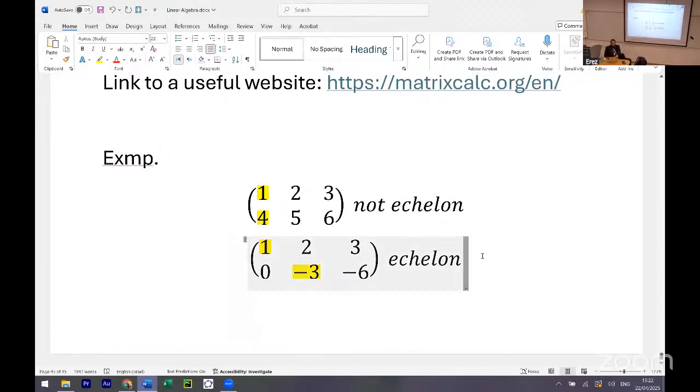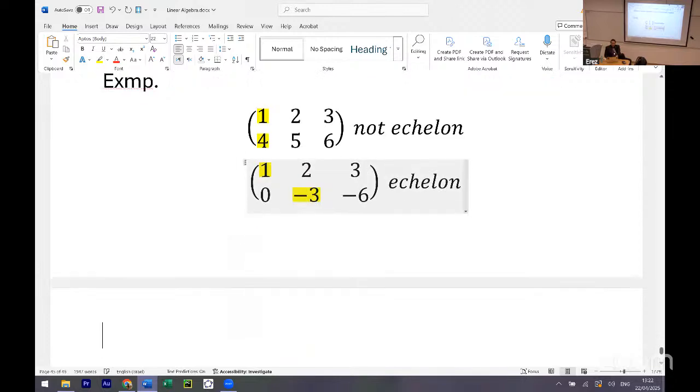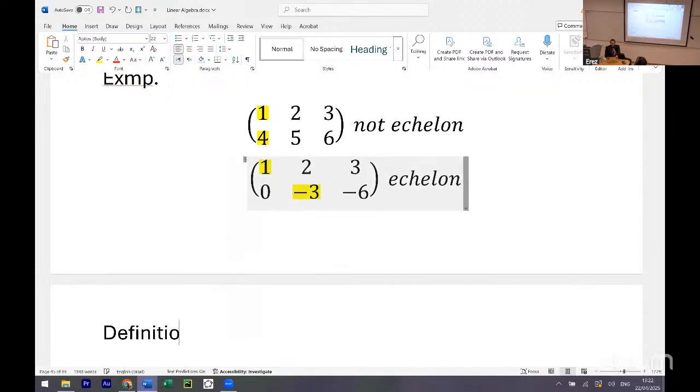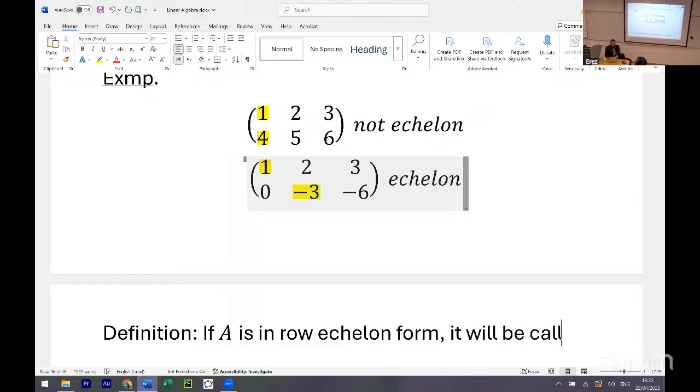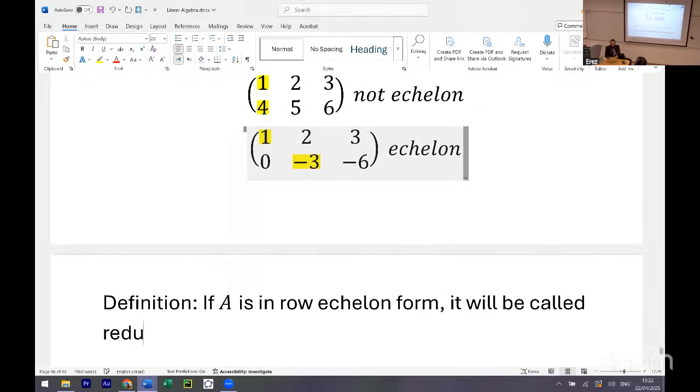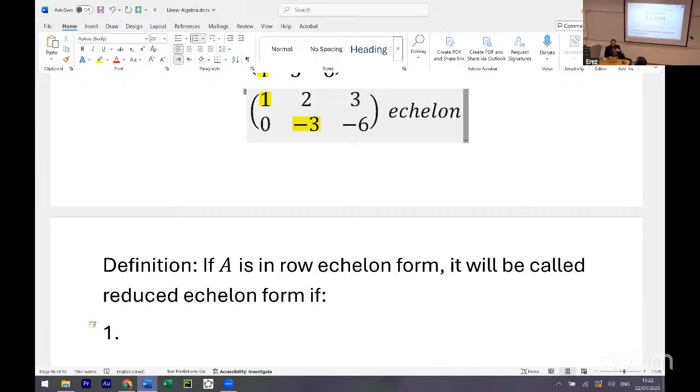Next, we have reduced echelon form. If A is in row echelon form, it will be called reduced echelon form if the following two added conditions hold.